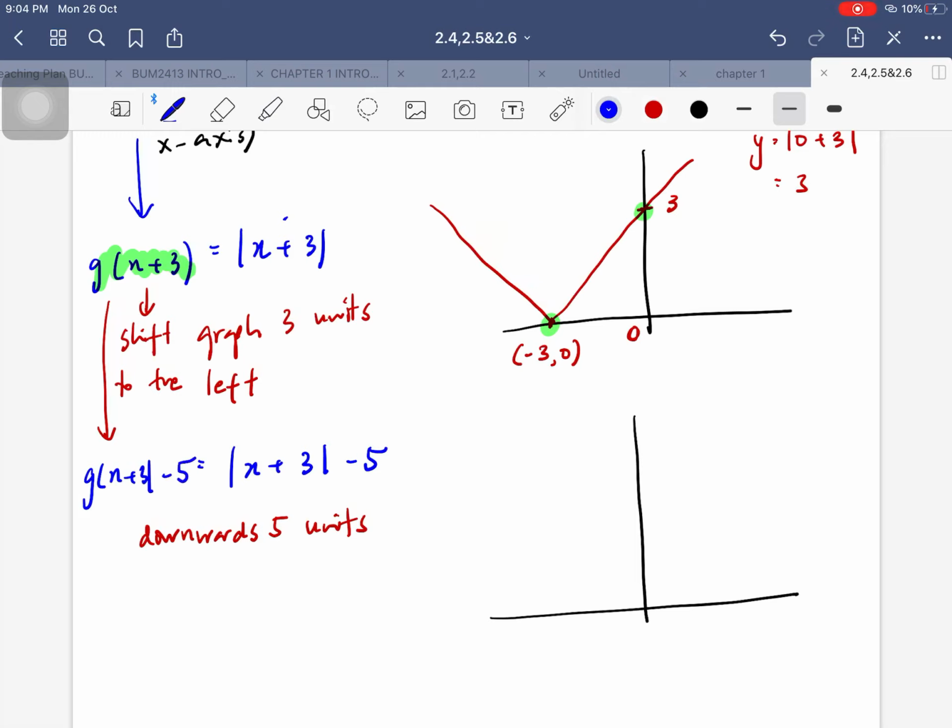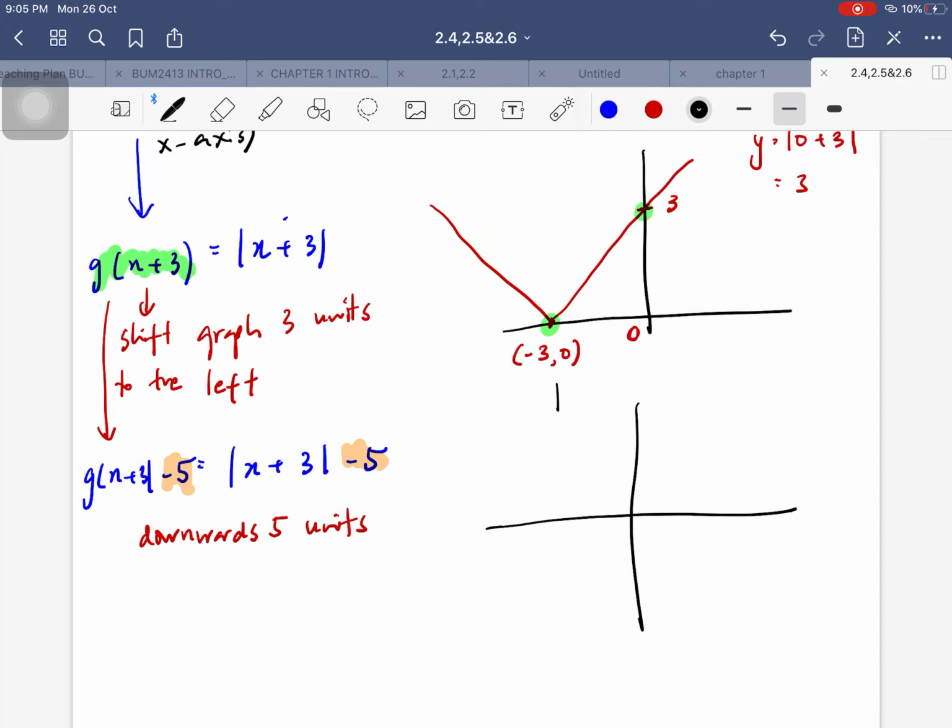Yeah, it's a minus 5. So let me highlight that again. Okay, so I'm going to be shifting things downward. So therefore my axis is going to be different somehow. Okay, let's put it like this again.